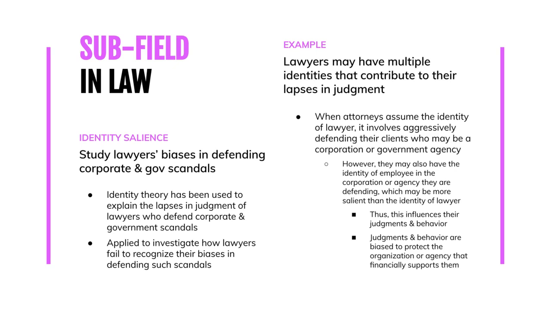However, attorneys may also have the identity of employee in that particular corporation or government agency, the ones that they're defending. That may actually be more salient than the identity of lawyer, thereby influencing biased judgments and behavior to protect the organization or agency that also financially supports them.